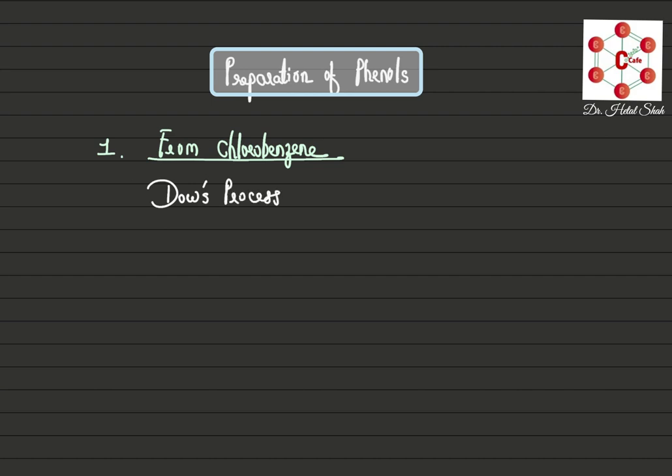The reaction, as it seems, is very difficult because you are taking chlorobenzene and trying to do something so difficult on an aryl halide. Which reaction is very difficult on aryl halide? Tell me. What is the most difficult thing on aryl halide? SNAr. This is one of the most difficult things.